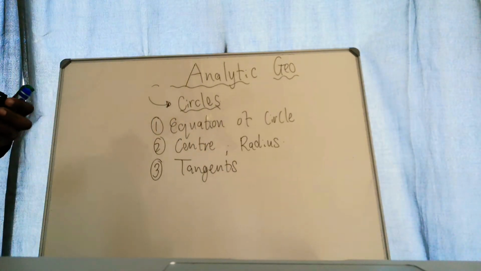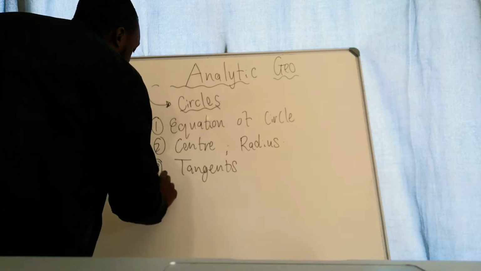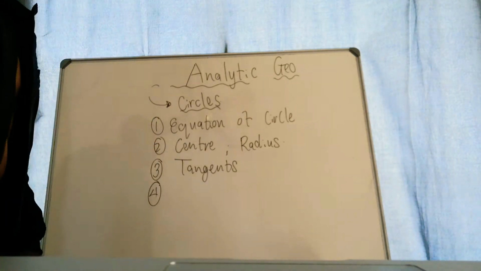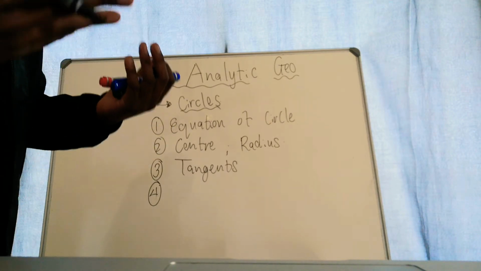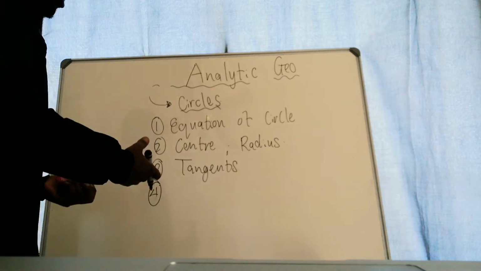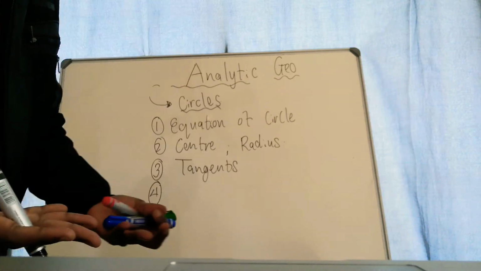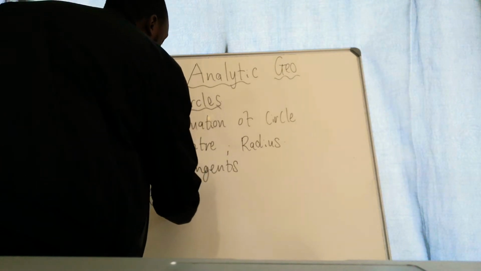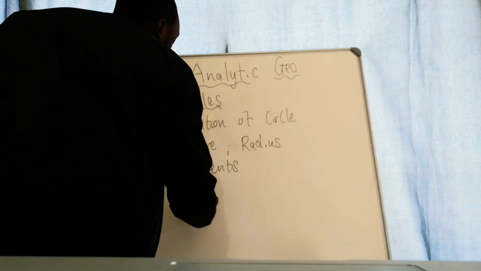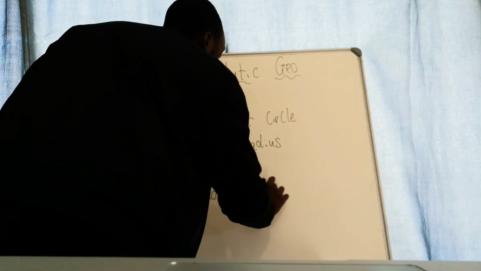So we're going to look at tangents to a circle, and finally, video number 4 will look at the relationship between two circles. So if I have two circles, how far are they from each other? Are they touching? How many times are they touching? And so on and so on. So this is the relationship between two circles.